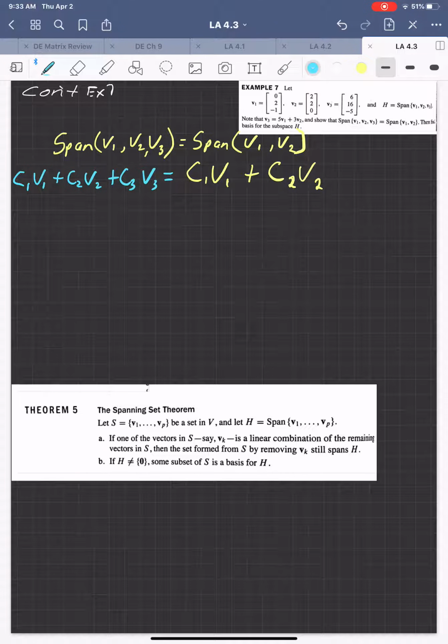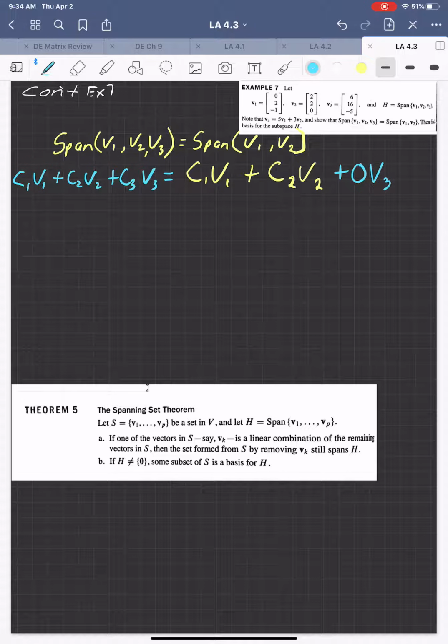Because we are already told that v sub 3 could be built from the linear combinations of v sub 1 and v sub 2, I can just add that third vector v sub 3, only the weight of that vector would be 0. So that's what we mean by the fact that you can build it from the other two vectors.